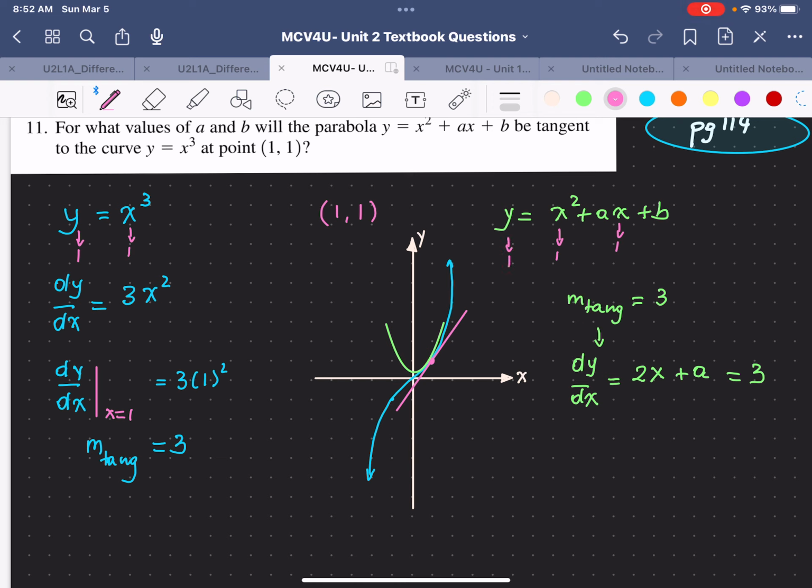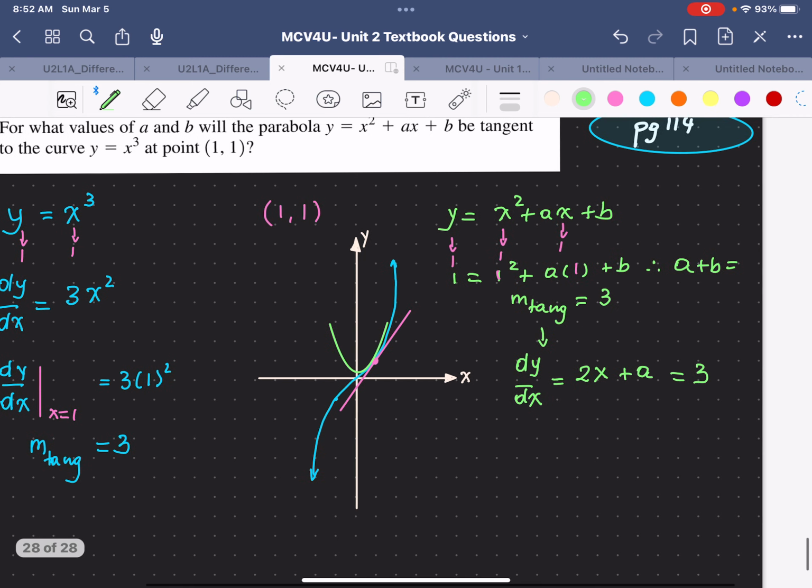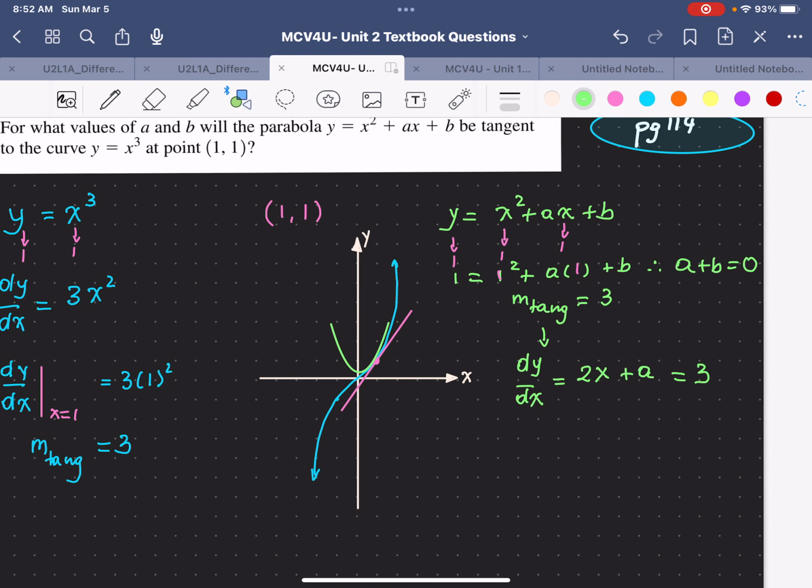So in addition, we have another relationship: 1 equals 1 squared plus a times 1, and then plus b. That will make a plus b equal to 1 take away 1, equal to 0. So we'll say a plus b equals 0. And we get this by using point (1, 1) as a point on the graph of the parabola.